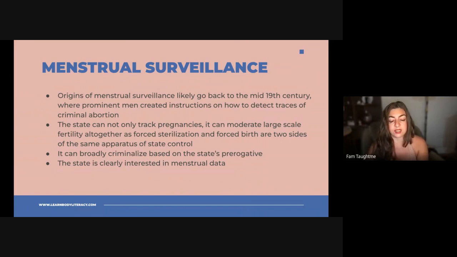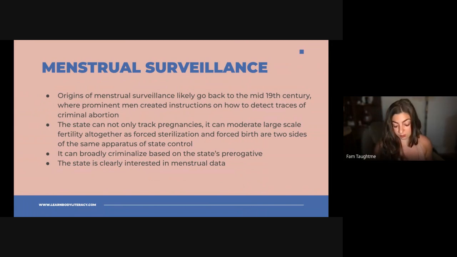We are also dealing with menstrual surveillance, which goes back to the mid 19th century, its origins, where prominent men created instructions on how to detect traces of criminal abortion. And the state can not only track pregnancies with menstrual surveillance, it can moderate large scale fertility altogether. So, like forced birth and forced sterilization are two sides of the same state control over reproduction, just depending on what they want.